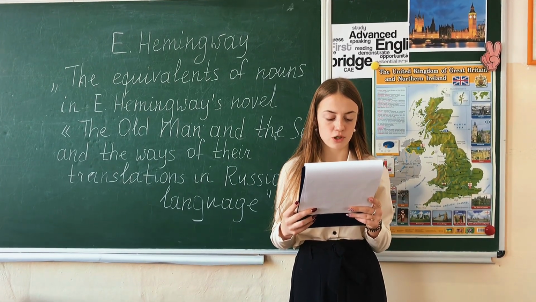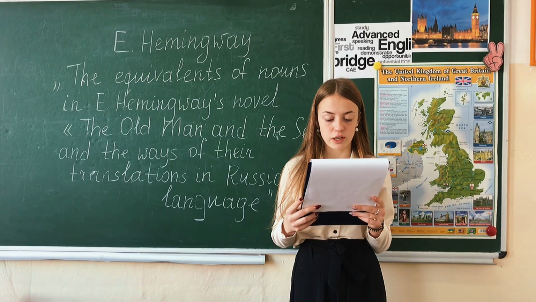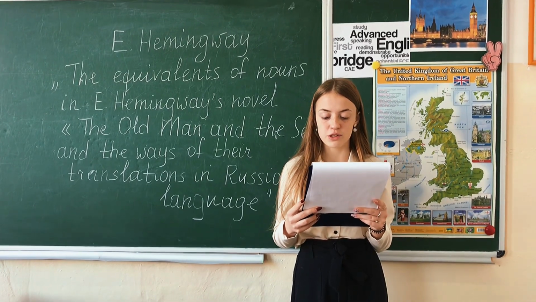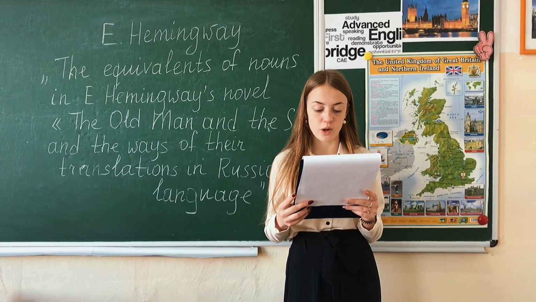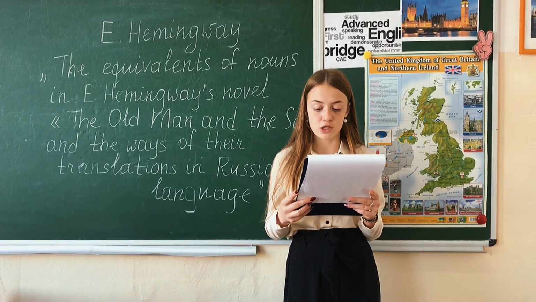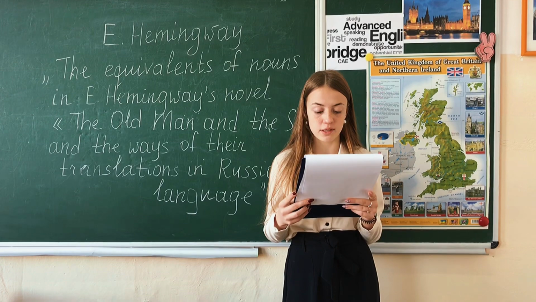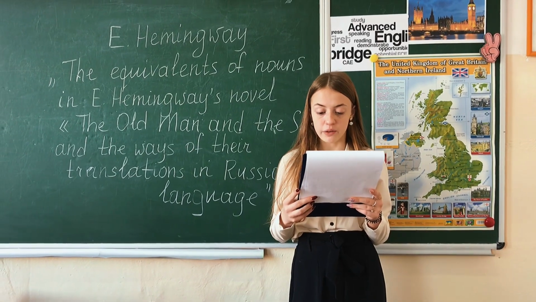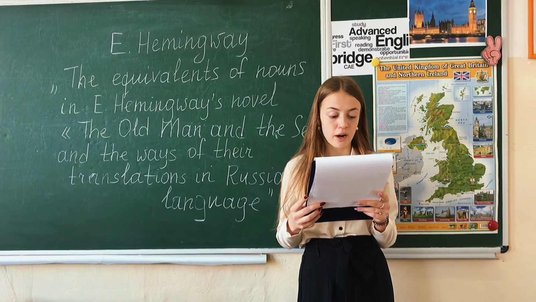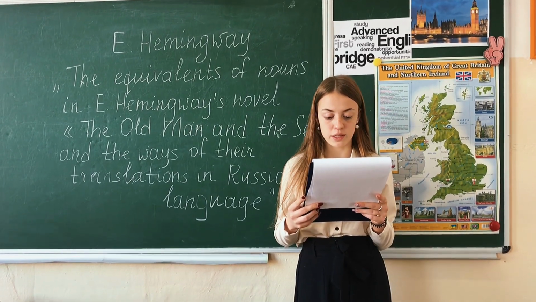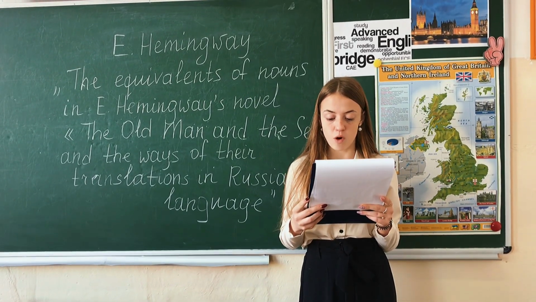I will show how the Russian translators Golysheva and Zakov translate nouns in the novel. In this short novel, Ernest Hemingway writes, "Yes, the boy said, can I offer you a beer on the terrace and then we'll take the stuff home."